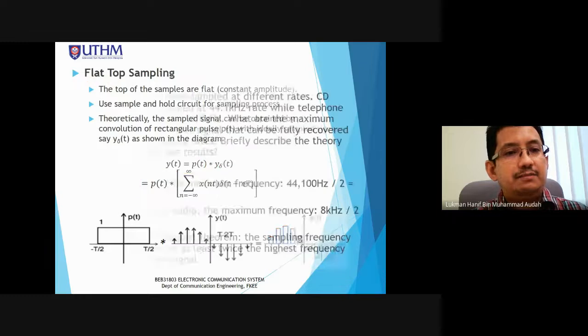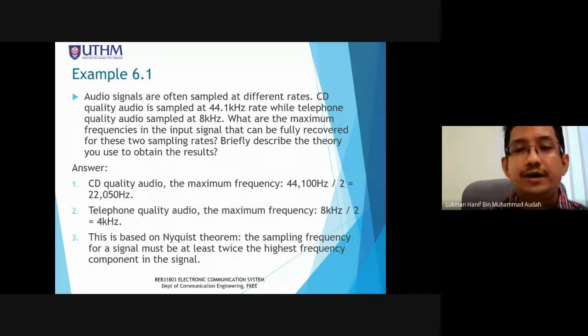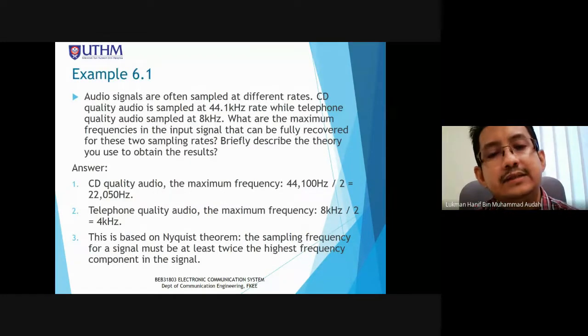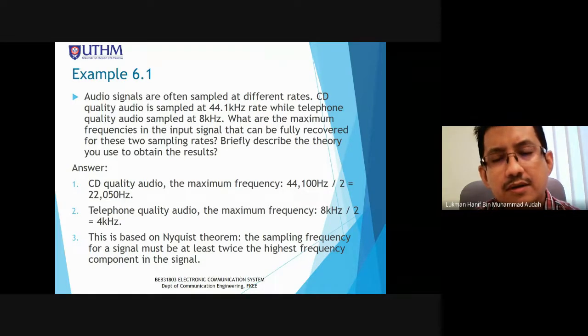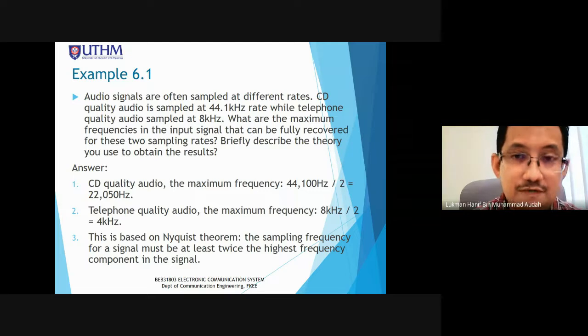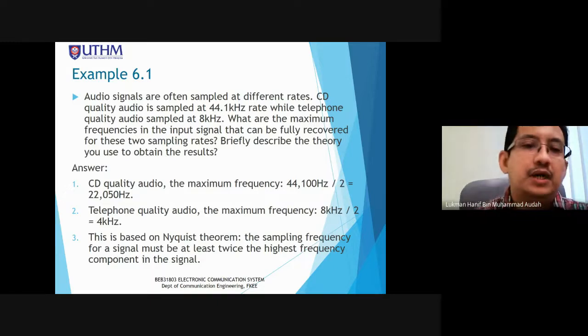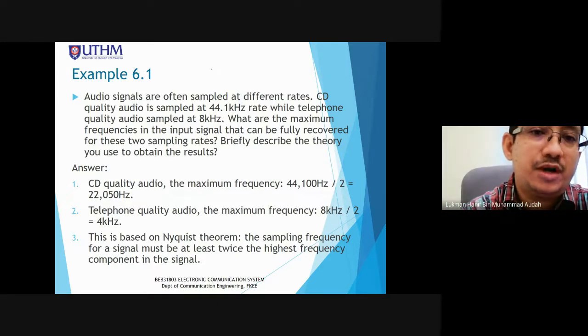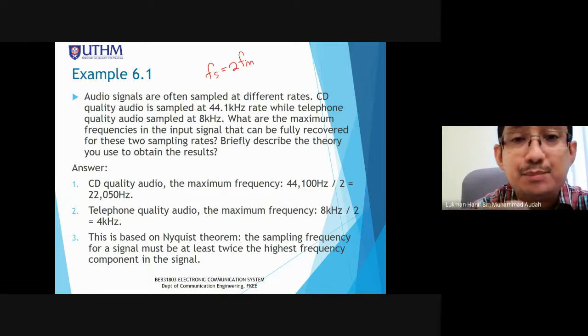So we have learned about example 6.1, where we analyze different kind of sampling frequency. Okay, for CD quality audio, for telephone quality audio, we analyze this one, where Fs is equal to 2 times the highest frequency of the input.